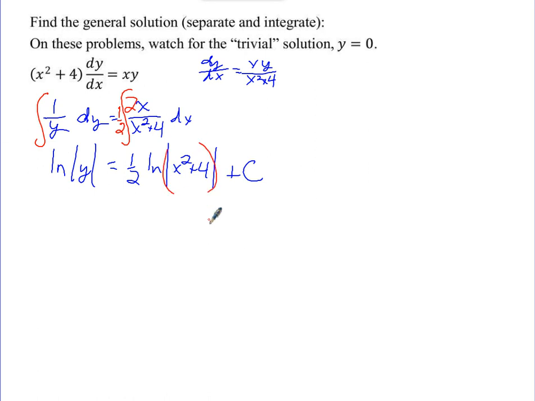Put the parentheses in there for it. Why are you trying to move the natural log? We're trying to solve this equation for y. The directions say find the general solution. The general solution is solve for y most of the time.